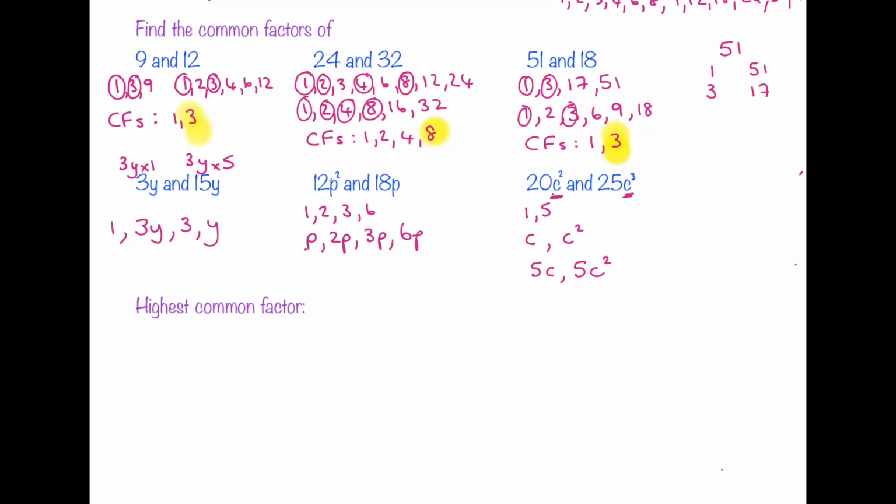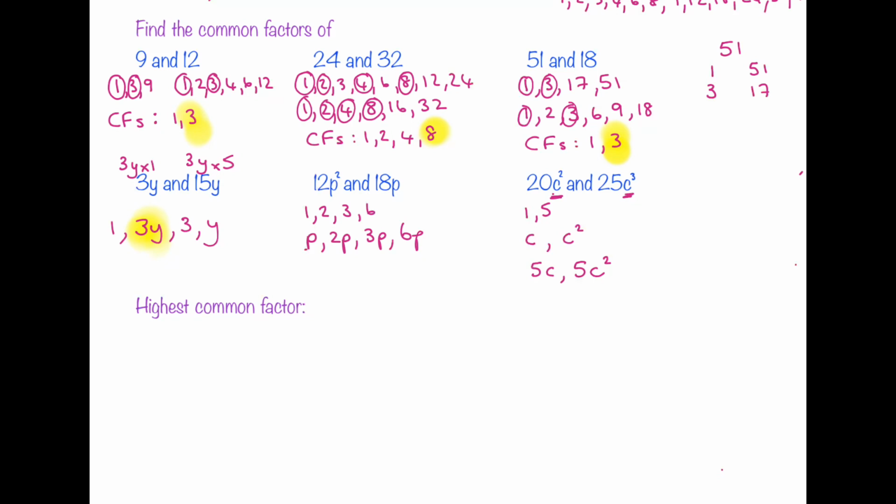So when we're looking at algebra, it's the biggest number and the highest power of the letter as well. So in this list, the biggest number is 3, and we want the letter involved as well. So 3y is the highest common factor there.